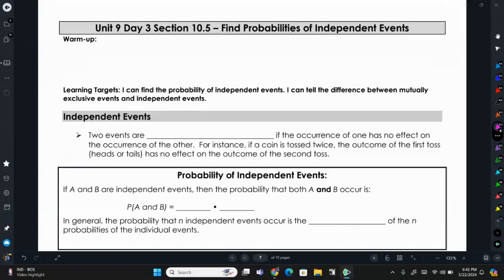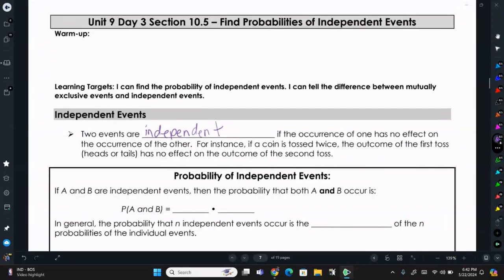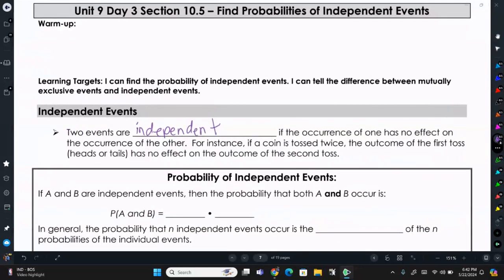Today we're going to talk about the probability of independent events. Two events are independent if the occurrence of one has no effect on the other. Like if I were to flip a coin 2 times, the first outcome does not affect the second one.